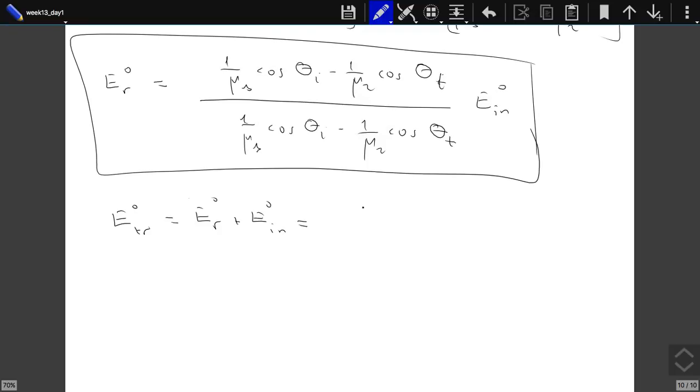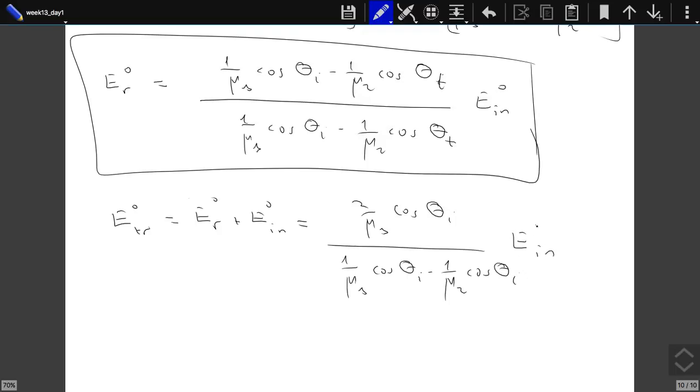And this just gives us 2 over mu1 cosine theta I divided by 1 over mu1 cosine theta I minus 1 over mu2 cosine theta t, in incident.